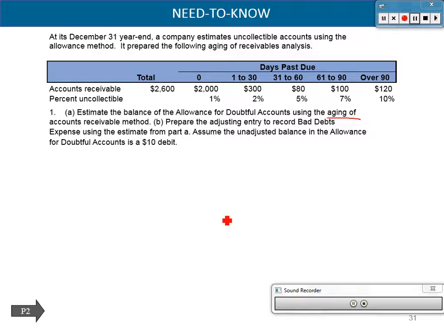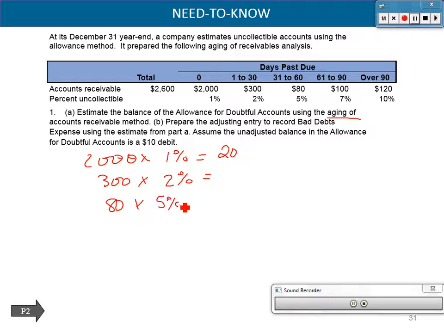And we're supposed to estimate based upon what method? Aging. So 2,000 times 1% equals what? $20. 300 times 2%, $6. 80 times 5%. 100 times 7%, $7.